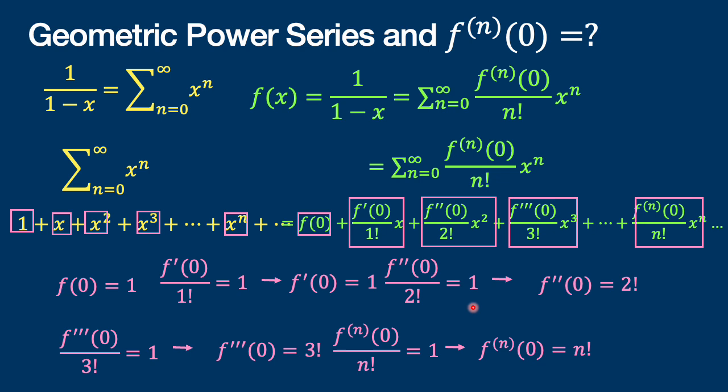We found f^(n)(0) without taking derivatives of f(x), because we know the power series of this function. So f^(n)(0) is n factorial.